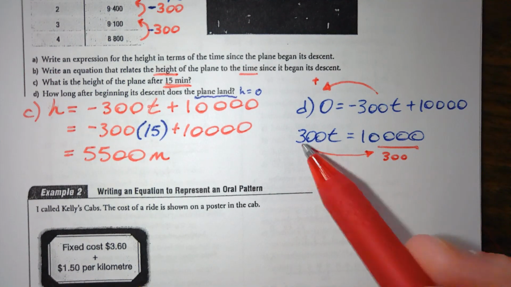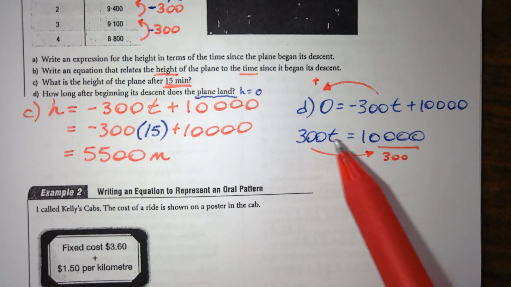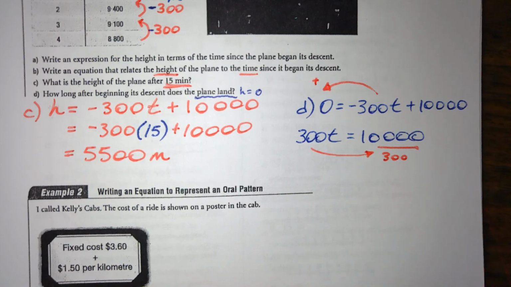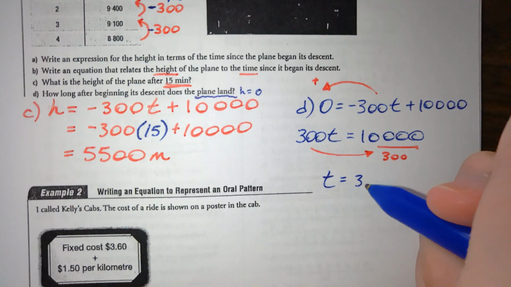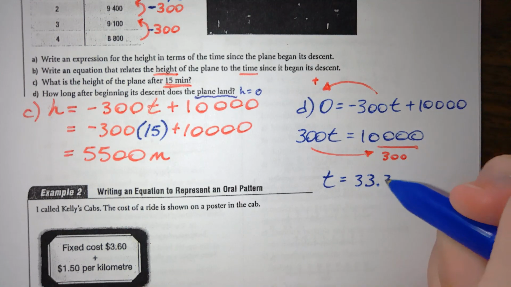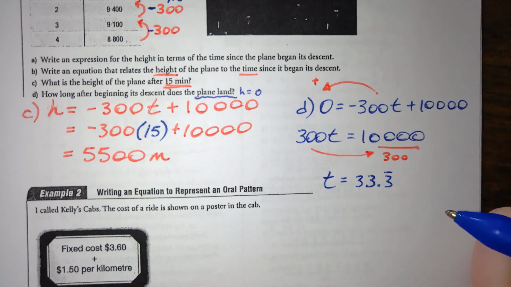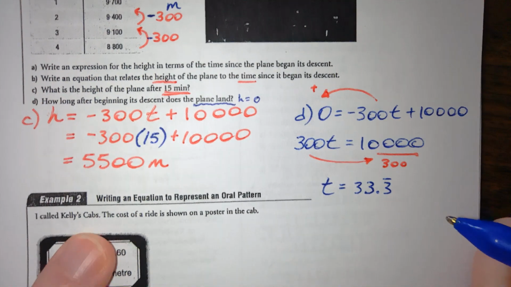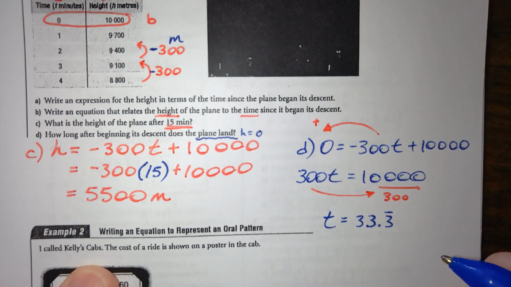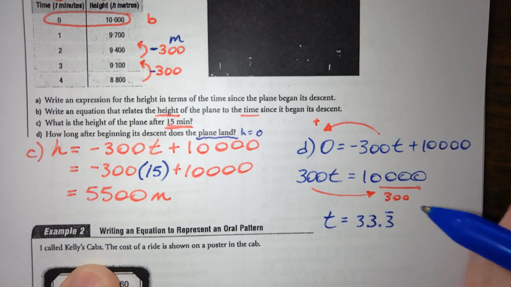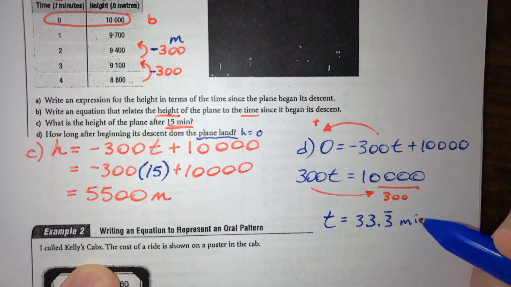When I move this over, I divide because this is 300 times t. So opposite will be divide. So I get t equals 33.3333. What's my unit here? Katya, what does t stand for again? Time. So it's minutes. Good.